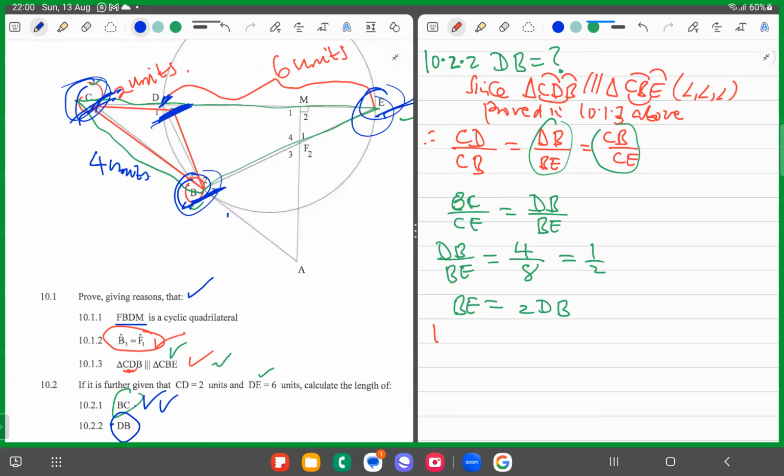In 10.2.2, we make the observation that DB squared plus BE squared is equal to DE squared. And this is the Pythagoras theorem.